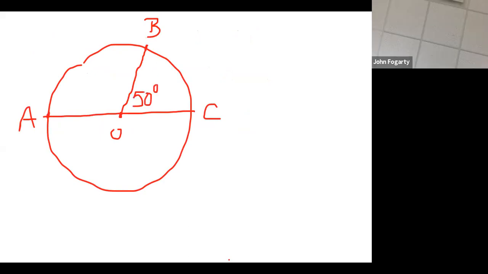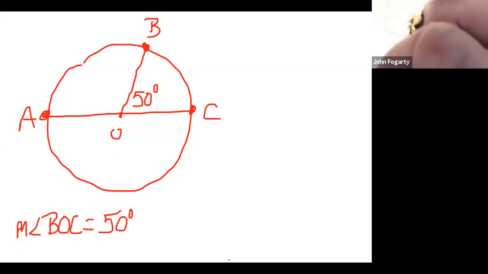I got circle O, and I got points A, B, and C on the circle. The measure of angle BOC equals 50 degrees. That makes sense, right?